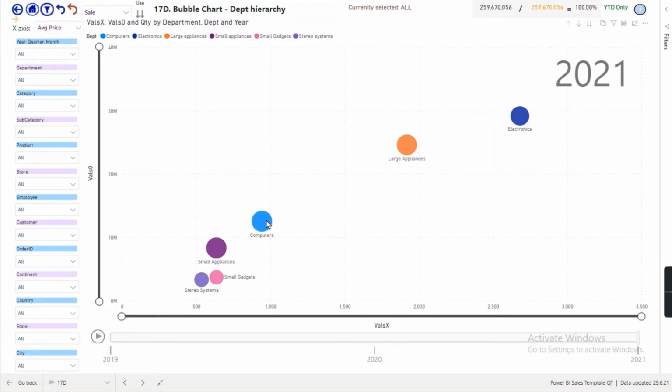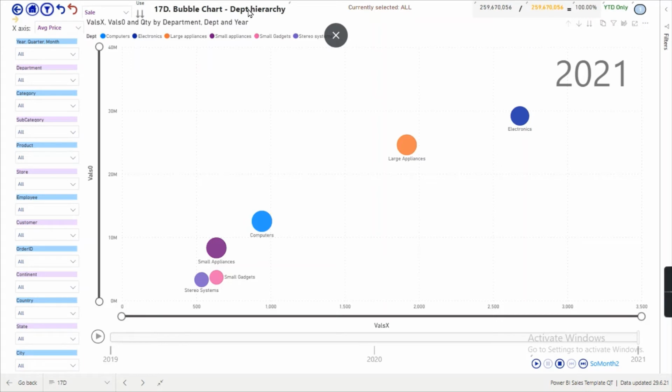Okay, computers, the third one, right and left, always down, the same as electronics. The same problem. That's interesting. Not all computers are down, only big laptops.